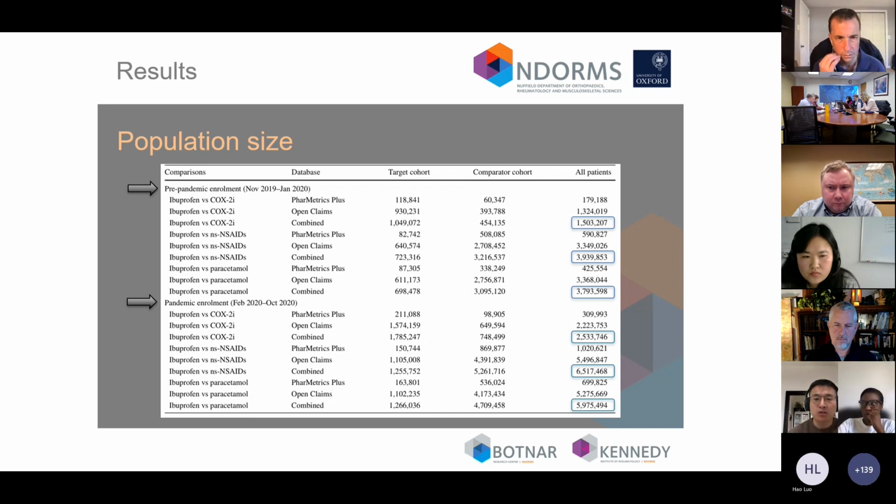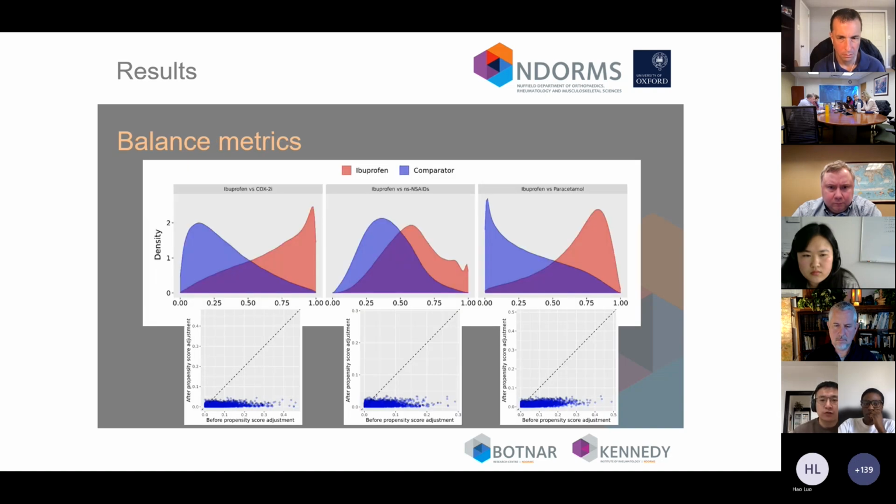These figures almost double for the pandemic cohort. The propensity score matching seems to work well, with a decent overlap of the propensity score between the comparison groups, as shown in the top figures. Although there were quite a lot of differences in the measured covariates, they were all well balanced after matching, with standardized mean differences less than 0.1.